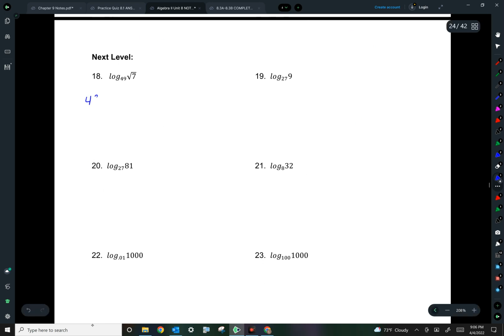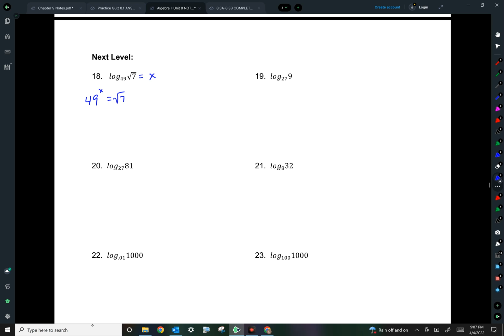49 to what power? You know what? How about if I look at it this way? I'm trying to figure out what the exponent is. I'm just going to call it x because I don't know what it is. All right, so it's like saying 49 to some power, 49 to the x, equals the square root of 7, right? Okay, so let's rewrite this so that I have the same base on both sides.